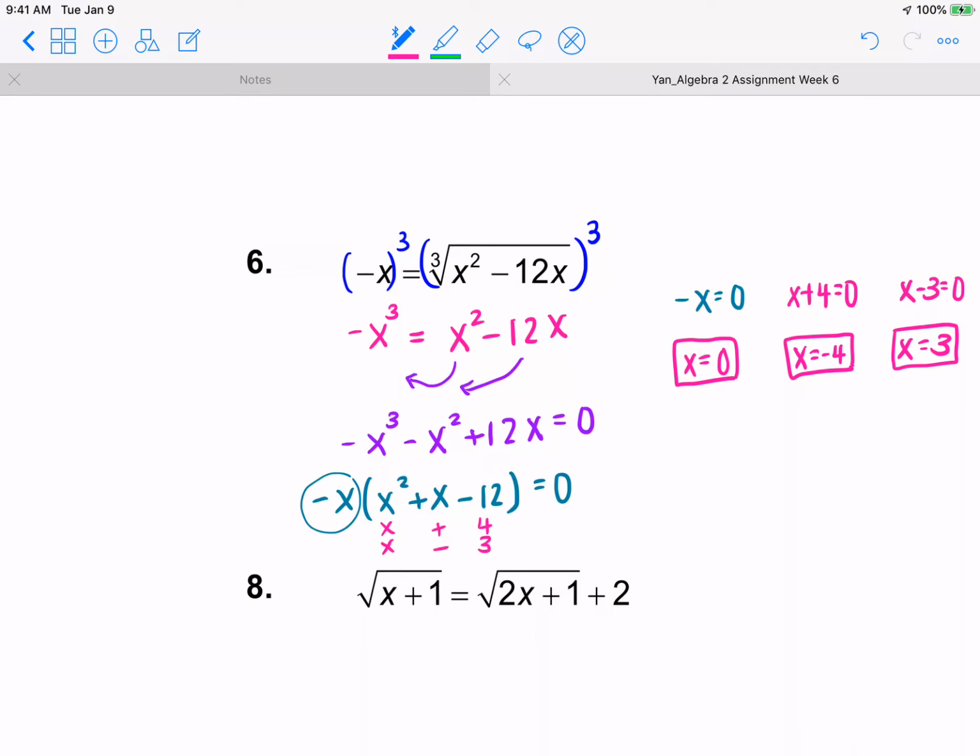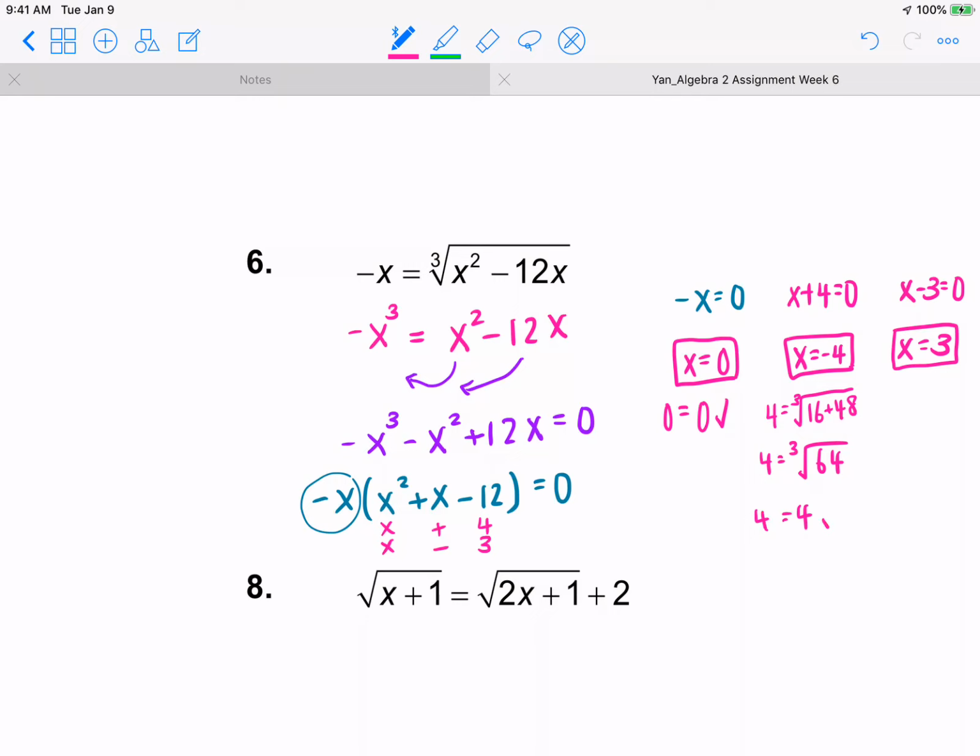Okay, substitute them in just really quick to see if it works. So if you put 0 into those, everything goes away, 0 equals 0. Put negative 4 in there, I get, actually, so if you substitute it back in, you gotta erase this extra stuff. Okay, if you put negative 4 in there, I get a positive 4, because negative and negative go away. And then I get the cube root of 16 plus 48. 4 equals the cube root of 64.